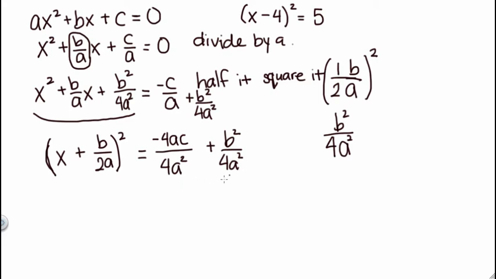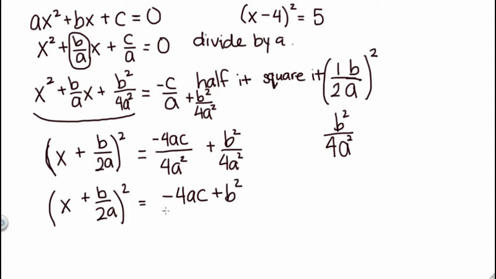I can combine these, right? Because now I have a common denominator. So I get x plus b over 2a squared is equal to negative 4ac plus b squared all over 4a squared. So now we have it in the form something squared equals some other expression.